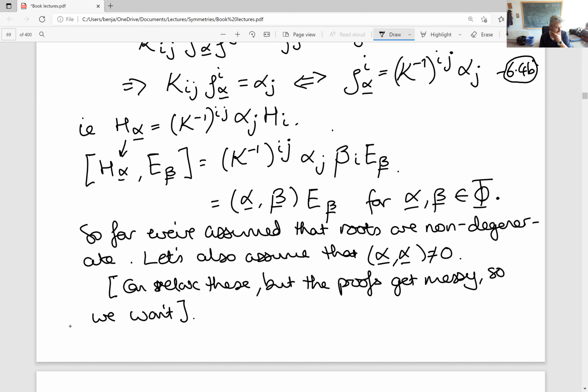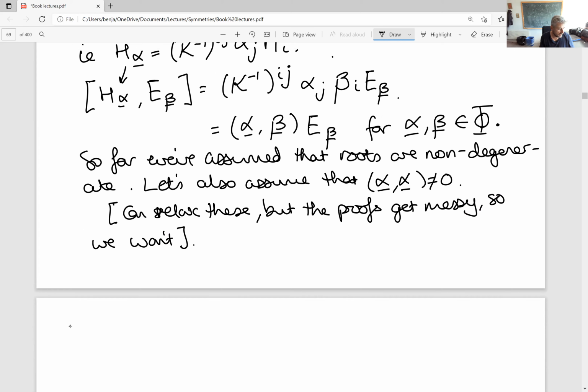All right, so now we define a normalized basis for all of the roots in the root set.